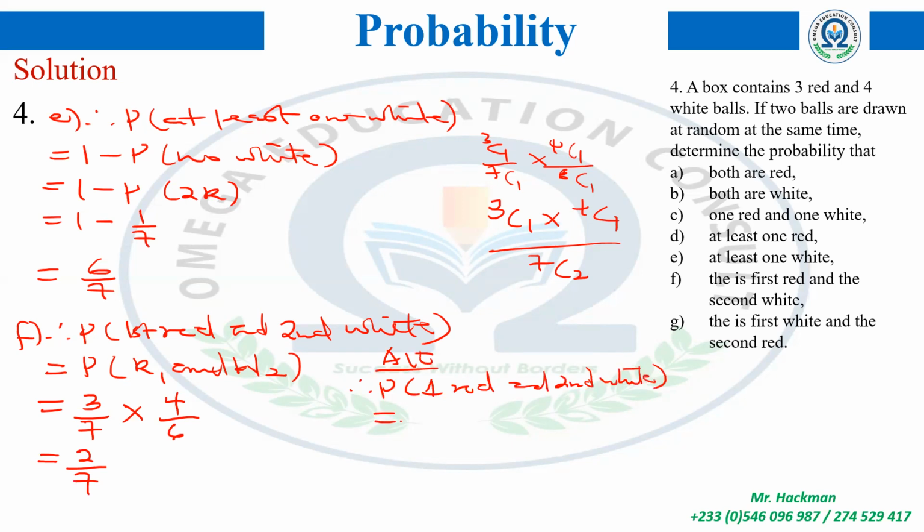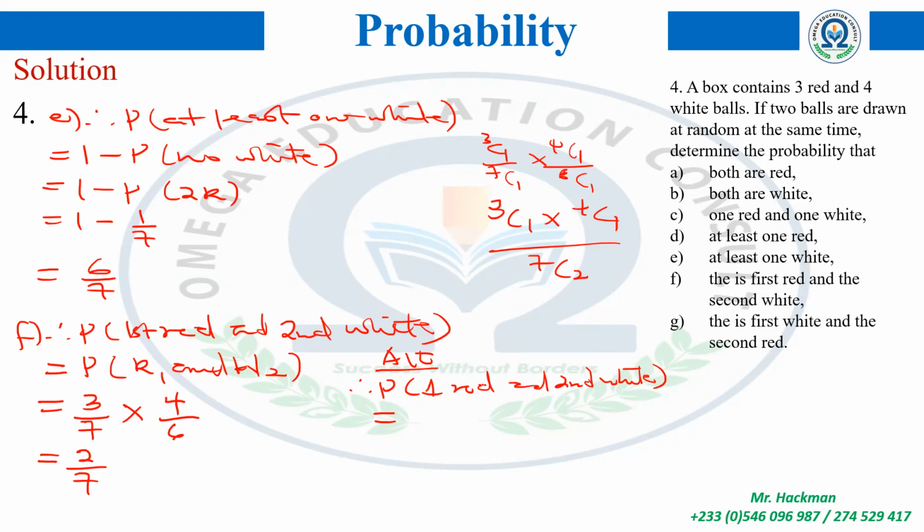will be equal to. We just said that when the order is important, it is for permutation. Is that not it? So instead of using combination, we'll use permutation here. If we were using combination, it will be 3 combination 1. Am I right?